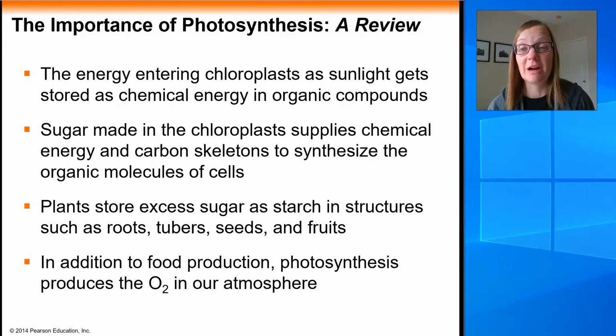That G3P might be used to make glucose, which could supply energy to the mitochondria, for example, or it can be used to build carbon skeletons. It can be used also to make a variety of different molecules, including things like cellulose. It can also be stored as excess energy in the form of starch. Remember that plants store this excess energy in the form of starch in a variety of different structures: roots, tubers, seeds, and then fruit.